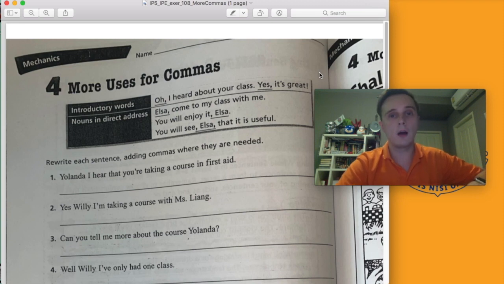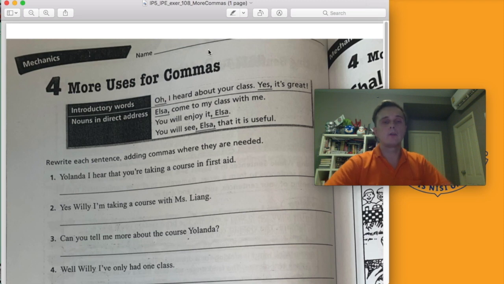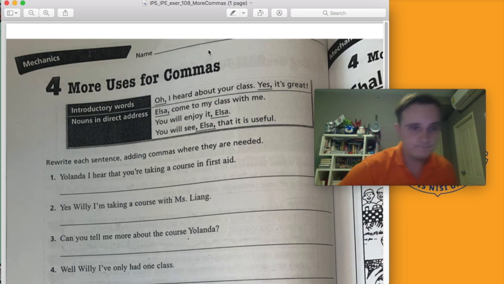If you do not have your workbook at home, on the e-learning platform, you should see a file that says IP5, IPE, EXER 108 more commas, and you can use that picture to write these answers onto some paper.